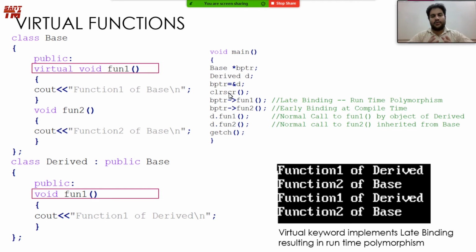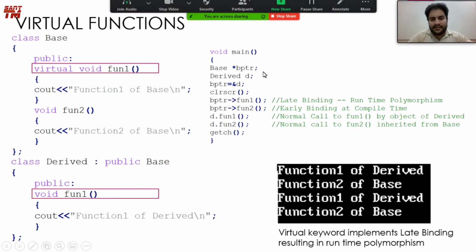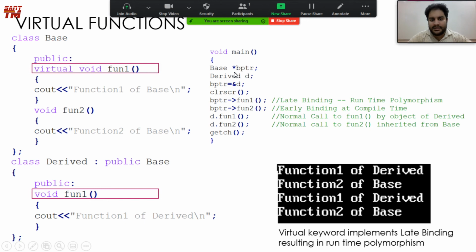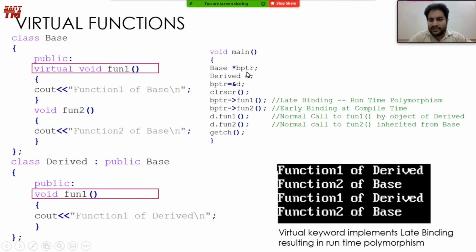That means the pointer variable is also declared as int if I want to store the address of some integer variable. Similarly, here base star bptr is written. That means a pointer object of type base is created, and obviously this pointer object will hold the address of some class object only. Okay, so now let us see.